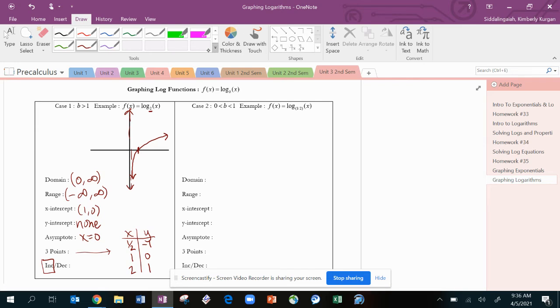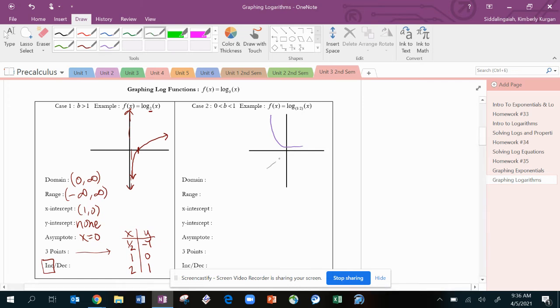Okay, let's do the same thing for the base of 1/2. All right, so y equals 1/2 to the x, remember that looks like this.